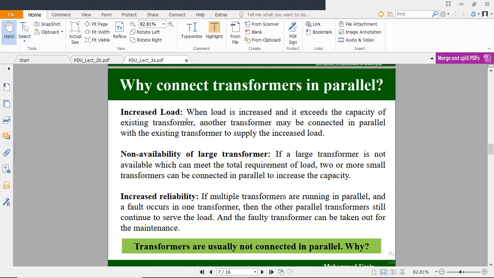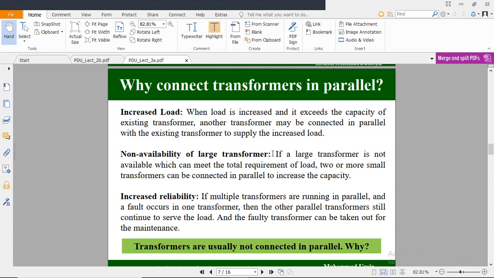Increased load: when the load increases and exceeds the capacity of the existing transformer, another transformer may be connected in parallel to supply the increased load. Non-availability of a large transformer: if we do not have a large transformer, parallel operation can also be used. It is a vice versa relation.